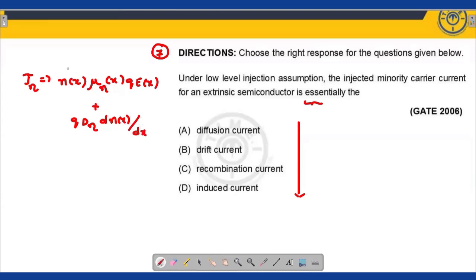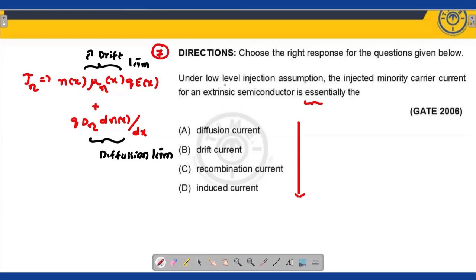What is this term? This term is called the drift term. And what is this term? The diffusion term. Is called a diffusion term. So he is asking the minority carrier current. The minority carrier current, my dear friends, very important, means generally the injection, low level injection.